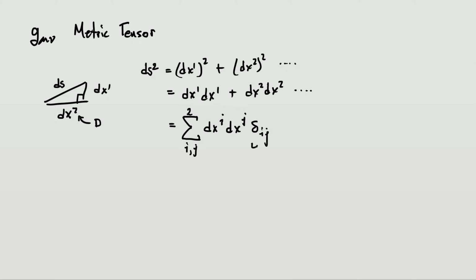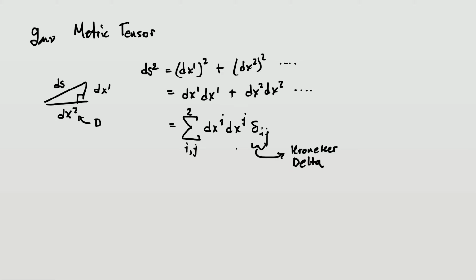Now this guy right here is called the Kronecker Delta. This is a GR course, not a spelling course.